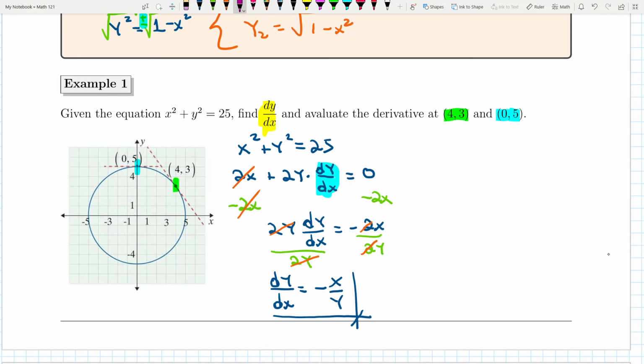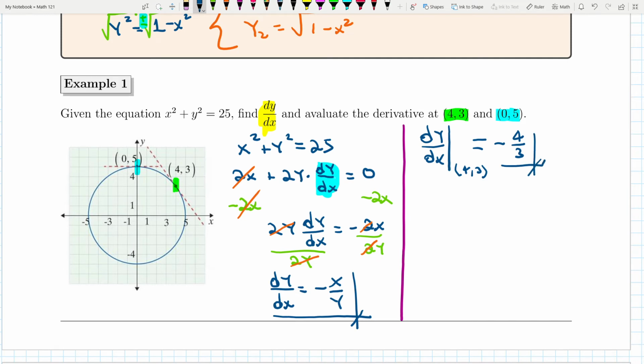The way we denote this is dy/dx evaluated, with this little bar, at the ordered pair 4 comma 3, and all we have to do is negative x, which is 4, over 3. So it's negative 4/3. In fact, you can see the negative slope right here on this line.